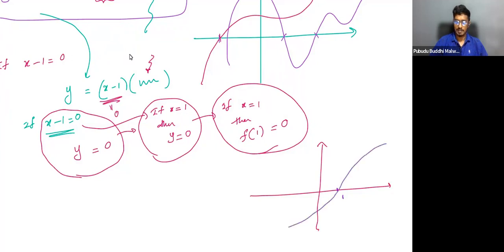Doesn't really matter what the shape is, we don't know that. Could be like this or like this, right? We know for sure that this point is the x-intercept, right? Now we can solve our problem using this concept.